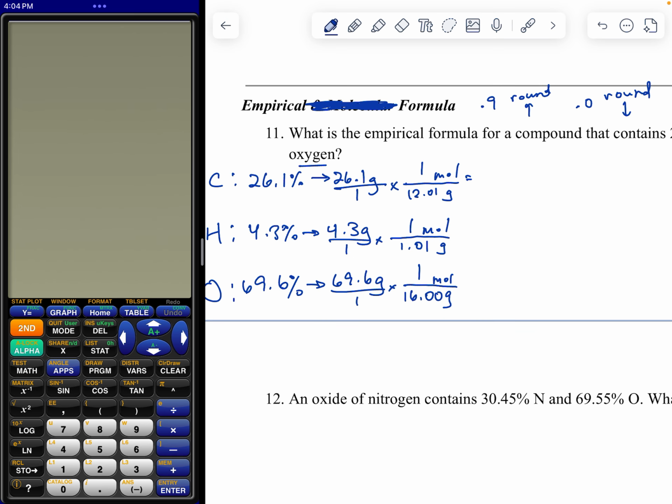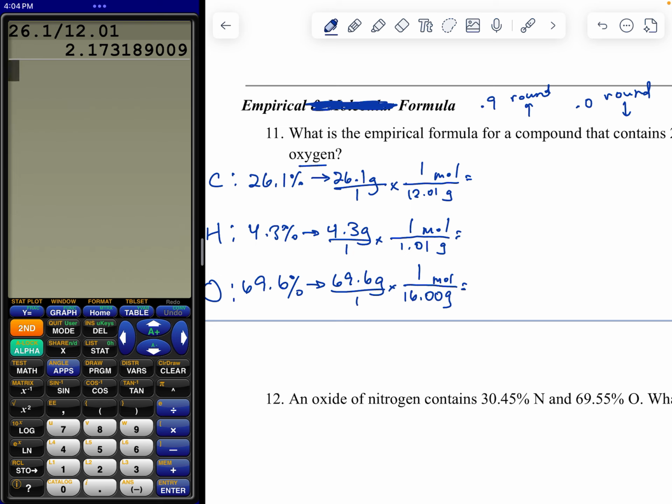So what we're going to do, and you could simplify if you want, again, this would be like 26.1 over 12.01. So you can do that as a separate step. I prefer just skipping that, just knowing that I'm going to take that number 26.1 on top and divide by 12.01 on the bottom. And remember, this step right here, when you're calculating moles, make sure to go to at least 3 decimal places or the thousandths place.